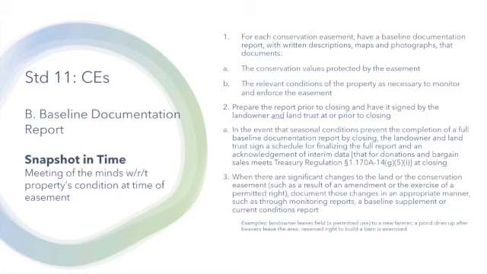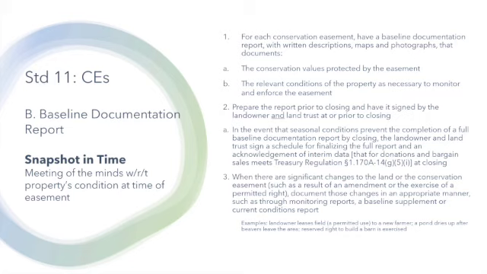And when I talk about qualified to speak, what am I talking about really? The BDR is prepared for the eventuality that you may need to go to court to enforce the easement. So the BDR is prepared as a piece of evidence that can be introduced in later litigation, should that come to pass, that you have to defend that easement.